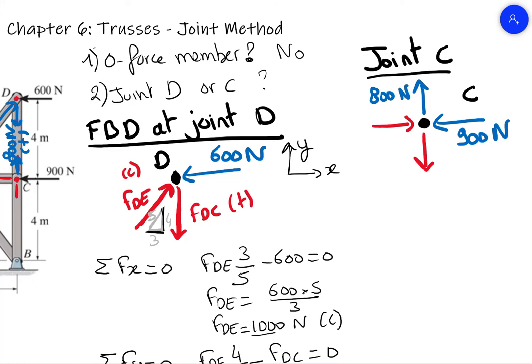We can say right away that this one is 900 and this one is 800, because of the known forces. When it's so obvious, when the direction and magnitude are just like on X and Y, as at joint C, you can just write them. And remember that the forces act on the particle.